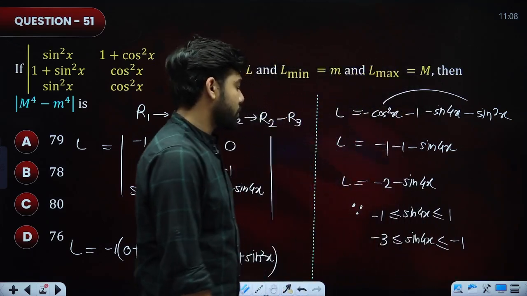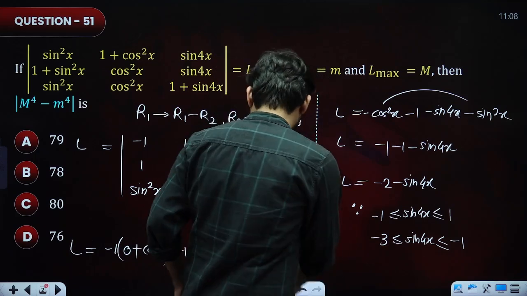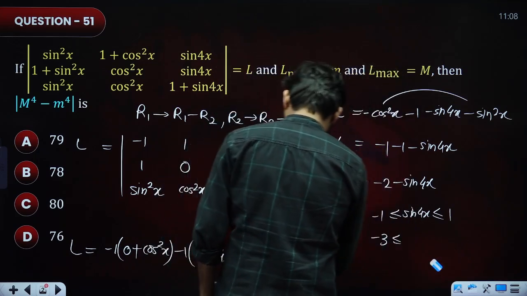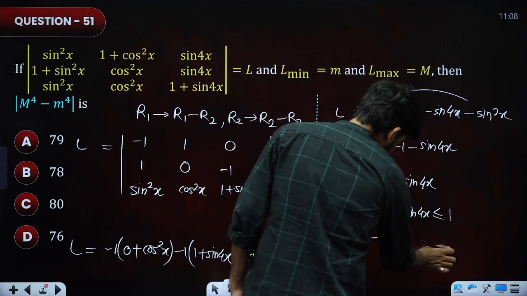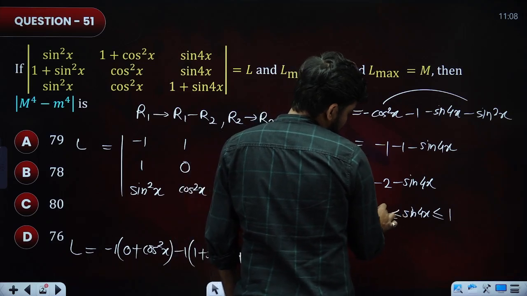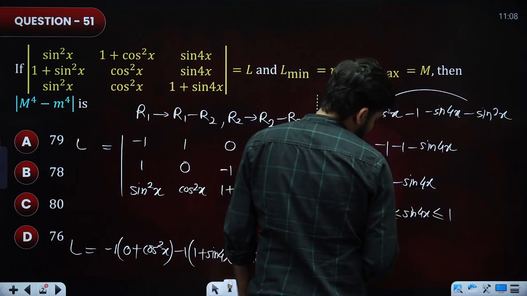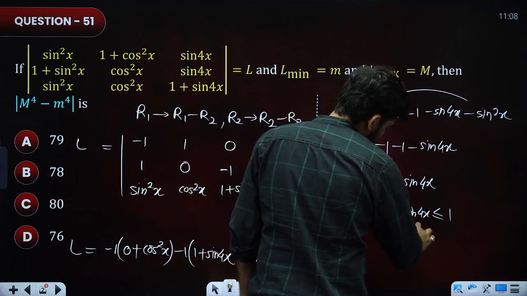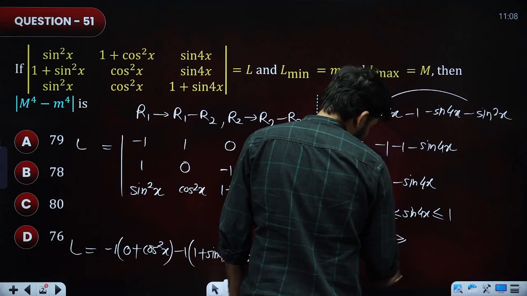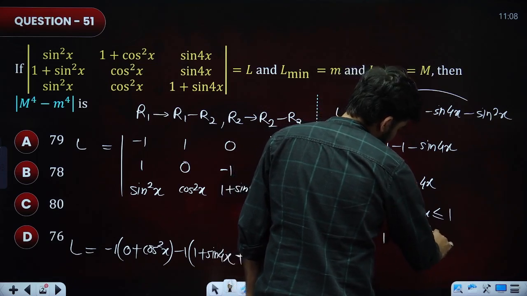So as you can see, the minimum value is minus 1 and the maximum value is 1. If I take the minus sign, we need to change the sign for minus sin 4x.